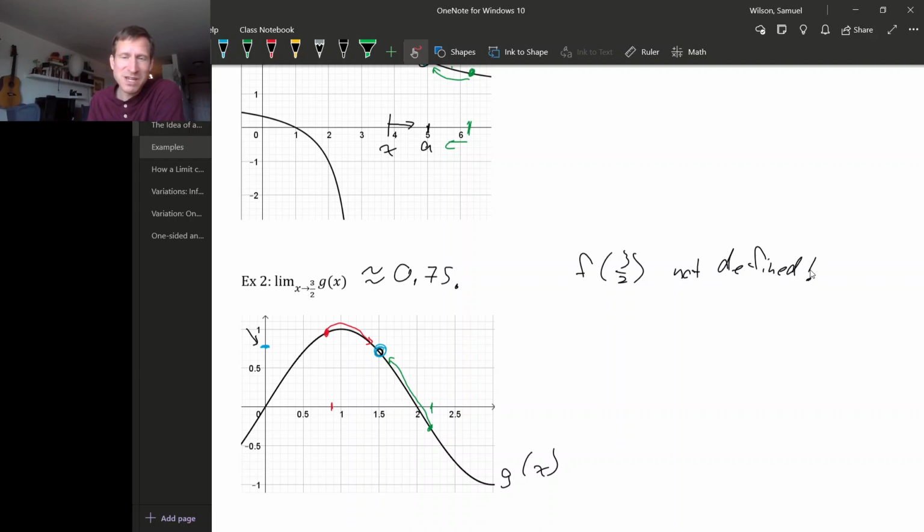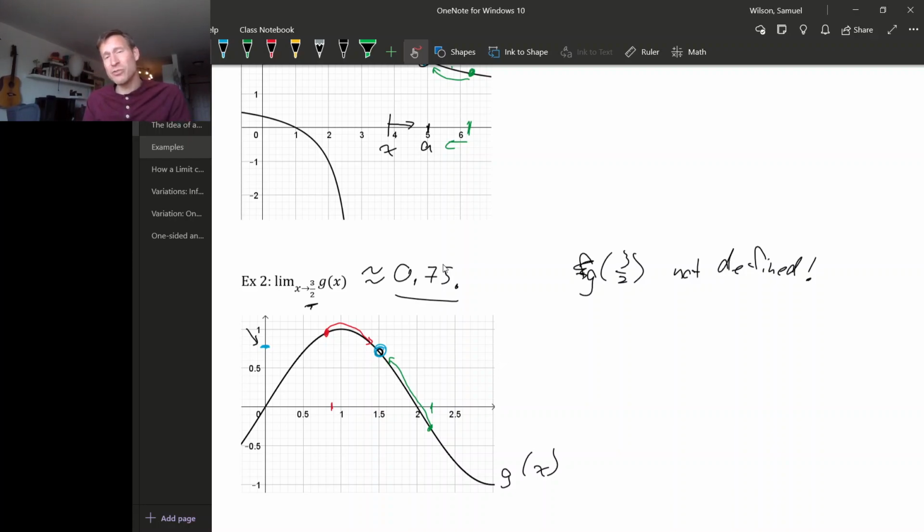So this is what I mean when I say that the limit uses the values near 3/2, but never at 3/2. g of 3 halves doesn't even make sense, but the limit at 3 halves is perfectly well defined, and it's about 0.75.